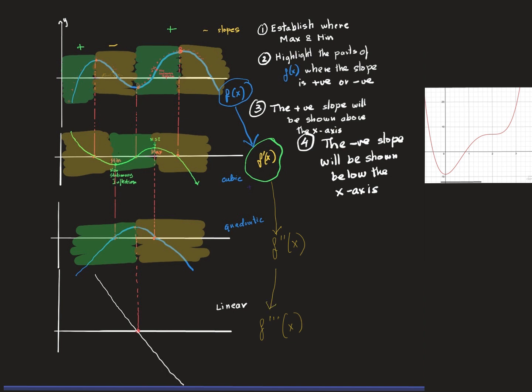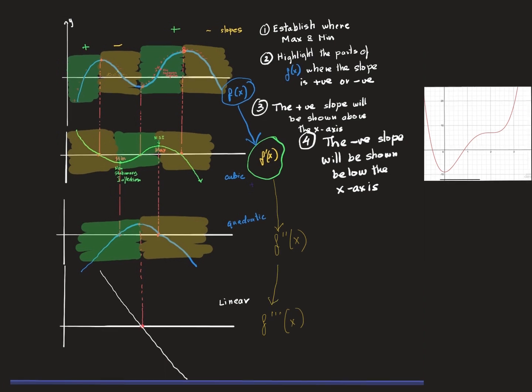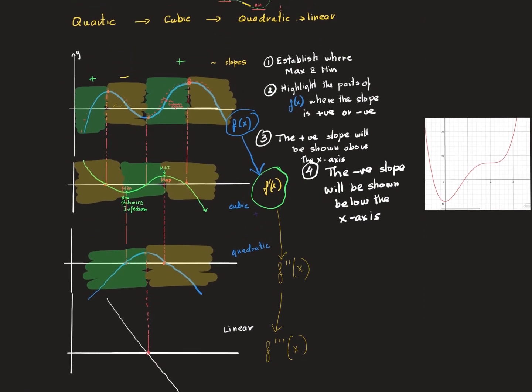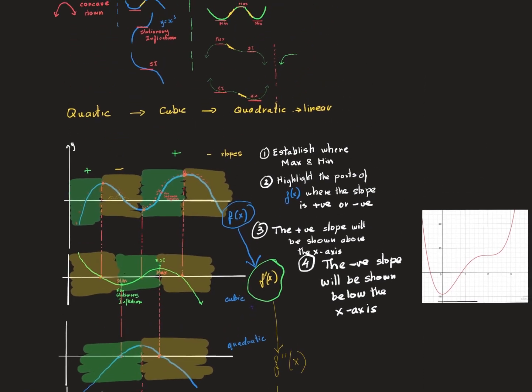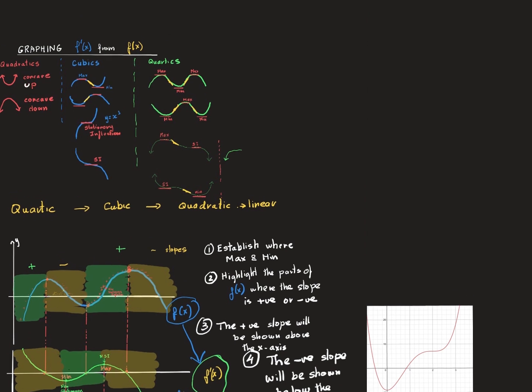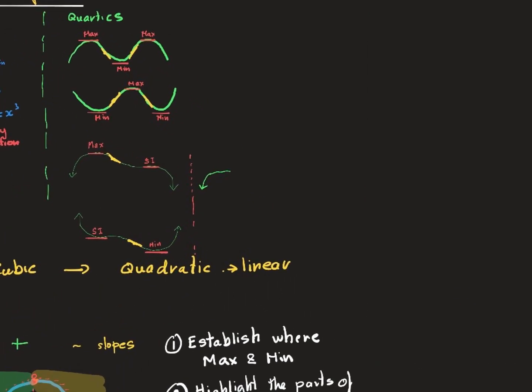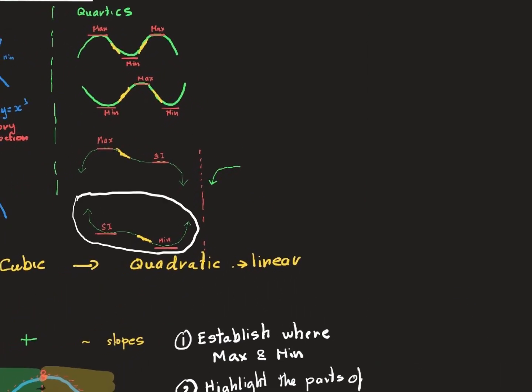So now I want to have a look at one which may be a little bit harder, because this one only had minimums and maximums. But if you have a look at this one over here, I will redraw it so that it will be reflected in the y-axis like that.